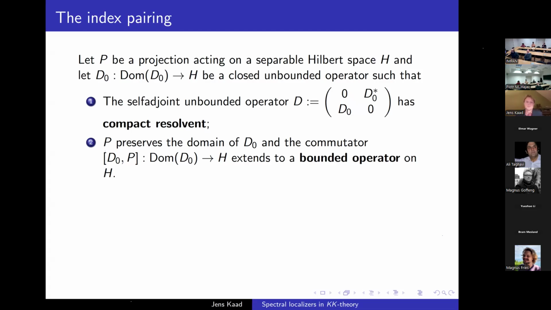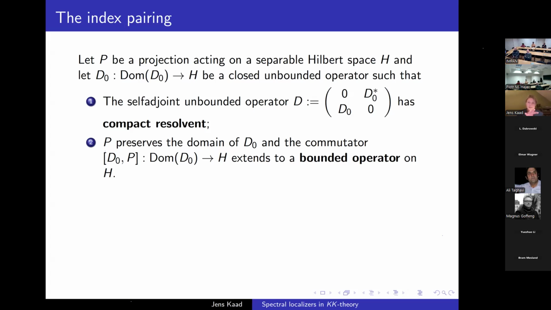This means that my projection is assumed to preserve the domain of D naught, and then the commutator between D naught and P makes sense on the domain of D naught, and I want this commutator to extend to a bounded operator on the Hilbert space. This is then my quantum derivative of the projection P with respect to D naught.